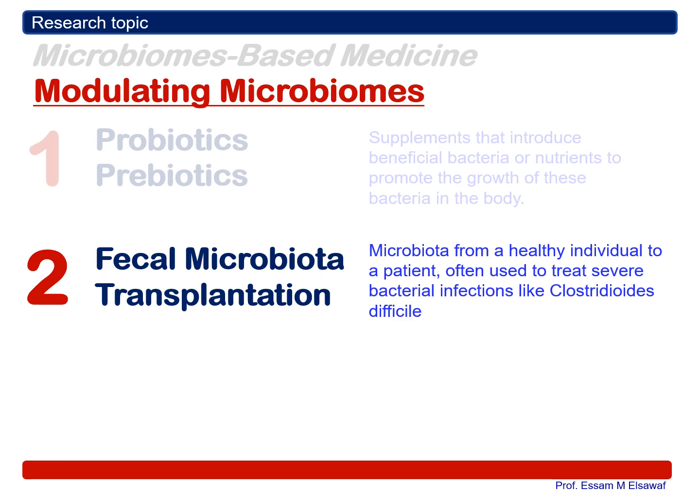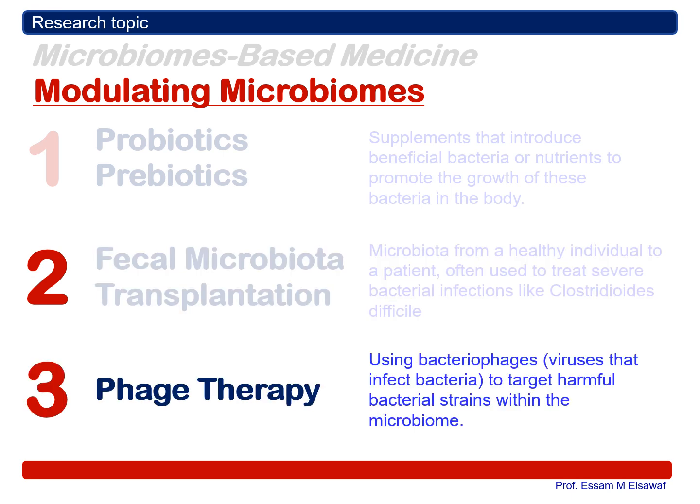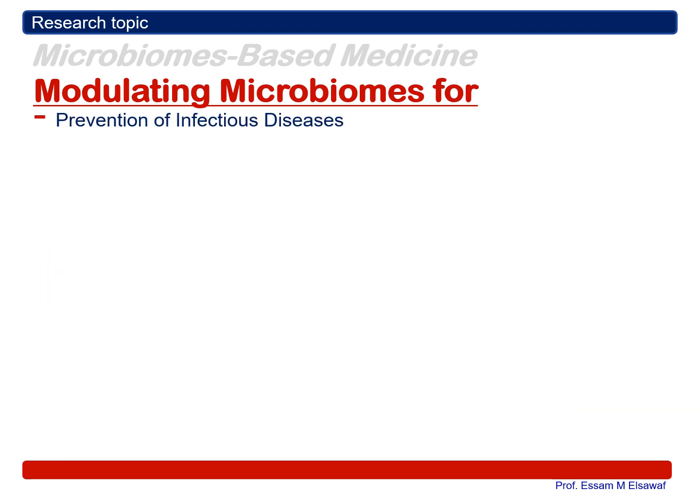Third one is phage therapy, by using bacteriophages, viruses, or any form of microorganism that are able to infect harmful bacteria, to target the harmful bacteria strains within the microbiome, so to give a chance to the beneficial microbiota to be increased and correct the imbalance or to correct the dysbiosis.